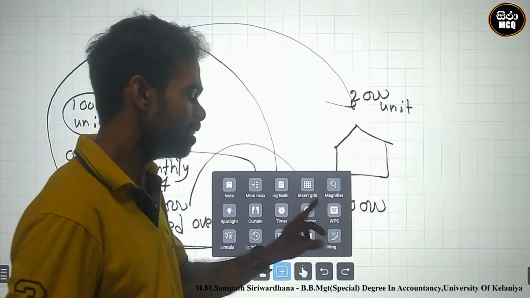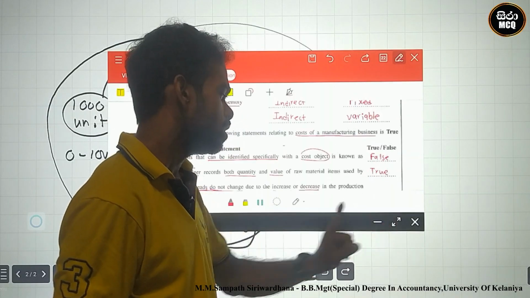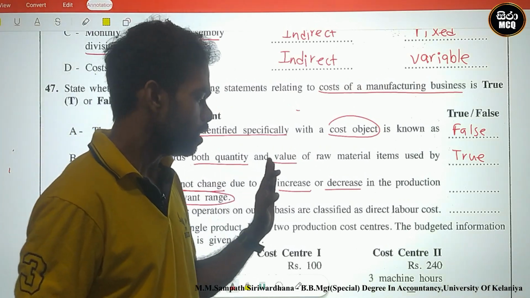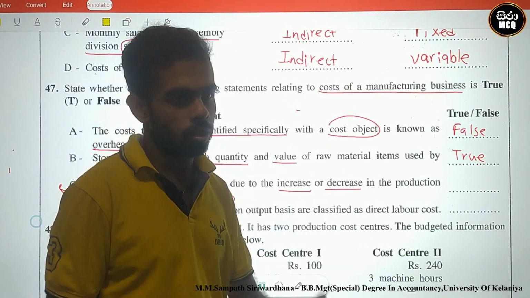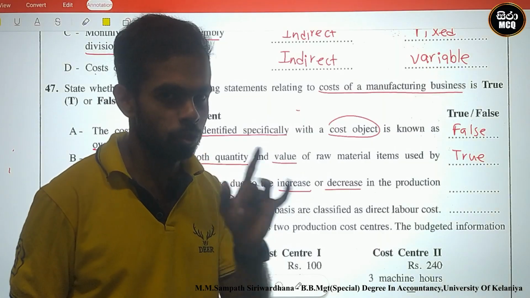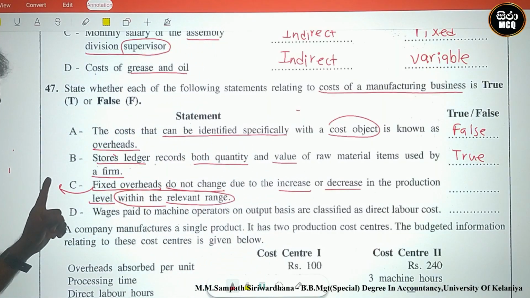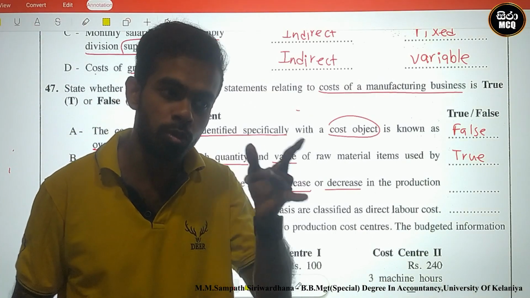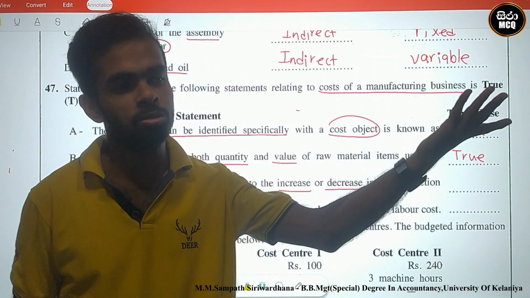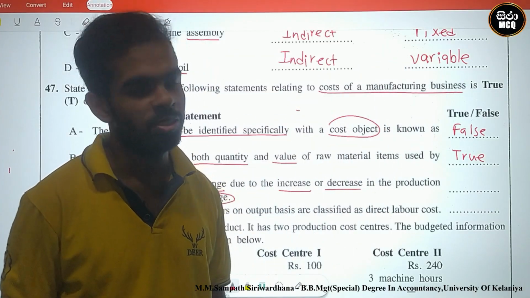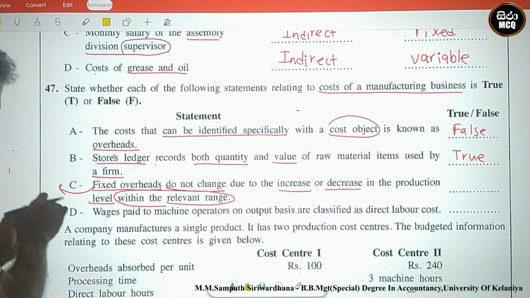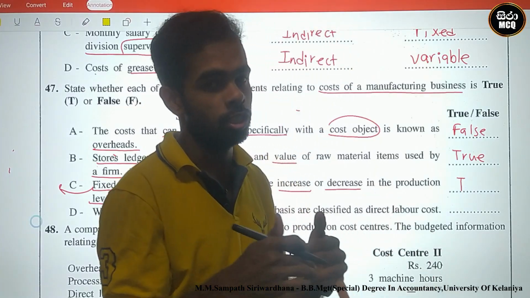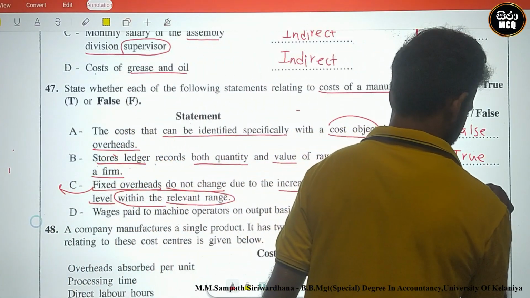Therefore, they said fixed overhead does not change due to the increase or decrease in production within the relevant range. We agreed the relevant range is 0 to 1000, with no change. After 1000, it changes. Therefore, this is a correct statement. This is true.